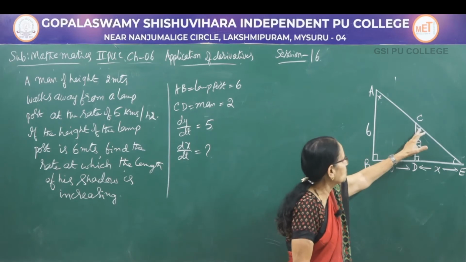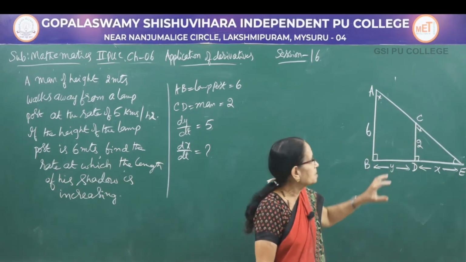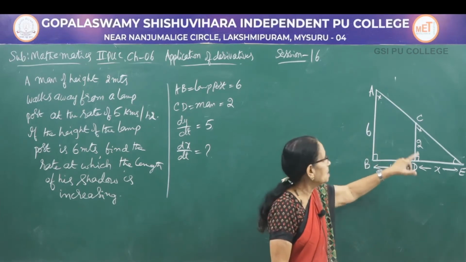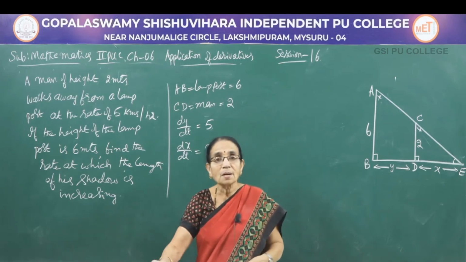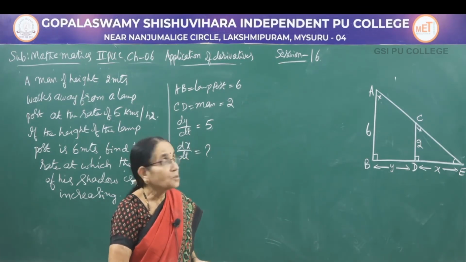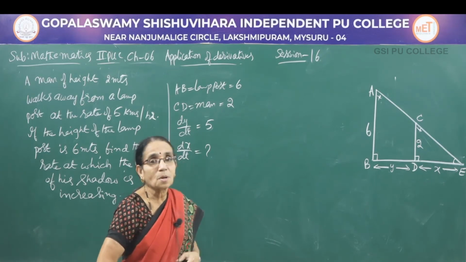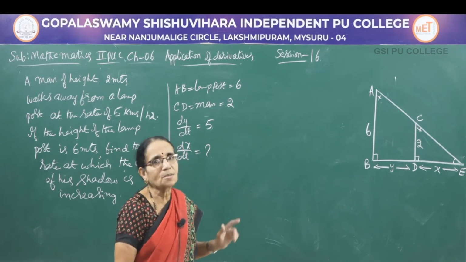And these two are equal because these two are parallel, so they are corresponding angles. 3 angles of ABE are equal to 3 angles of CDE. That means the triangles are similar. You can say triangle ABE is similar to triangle CDE.